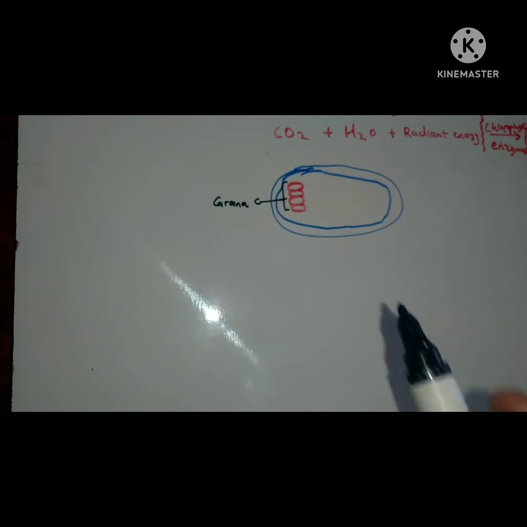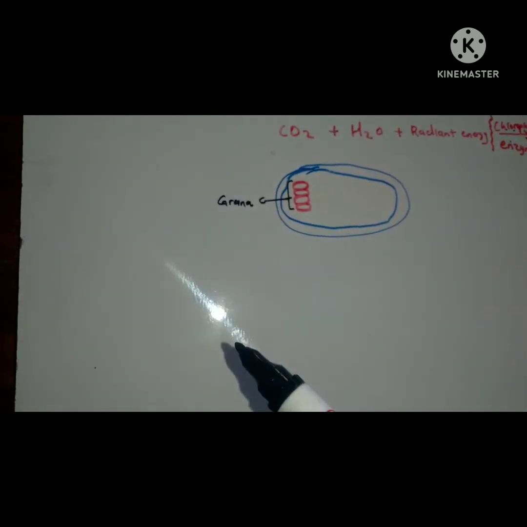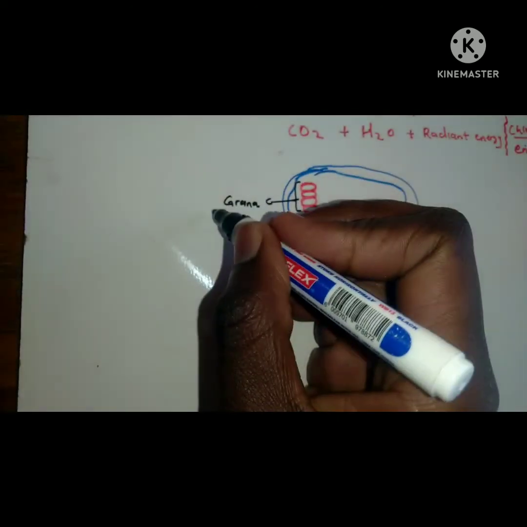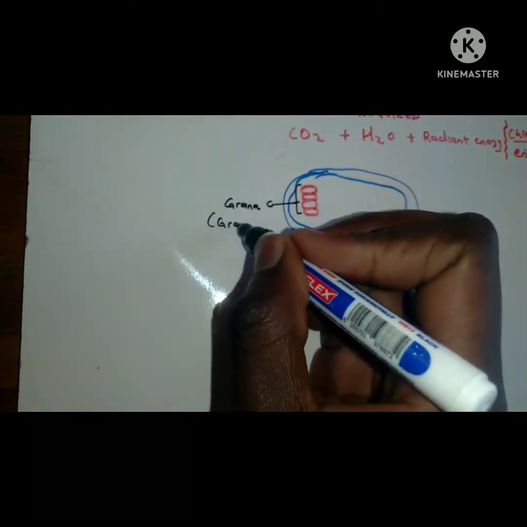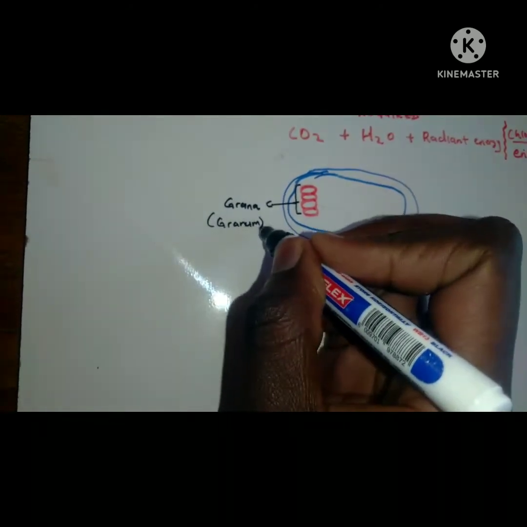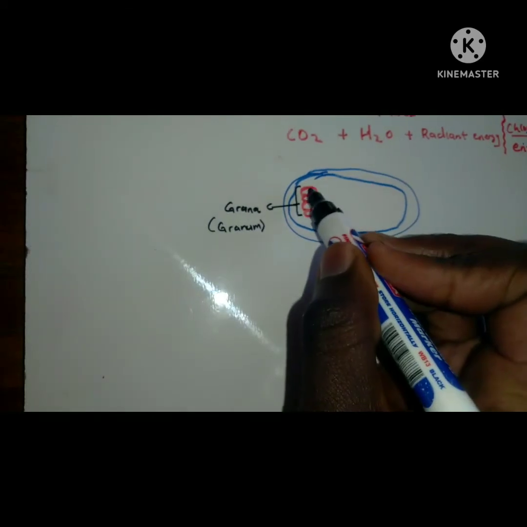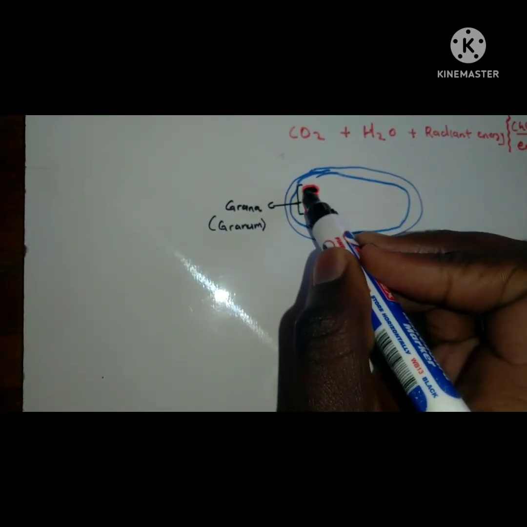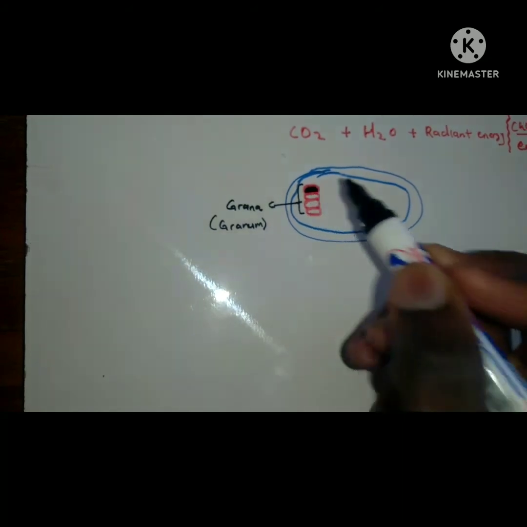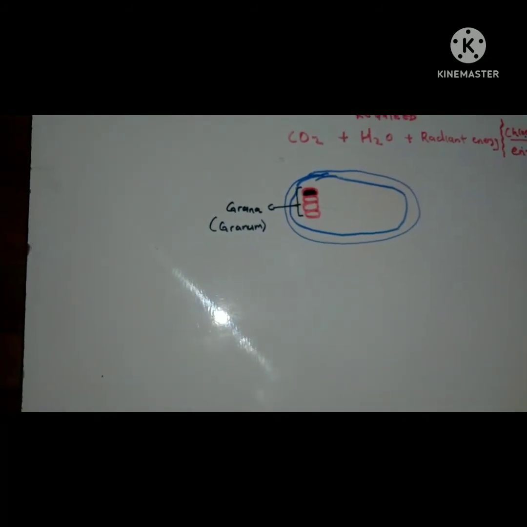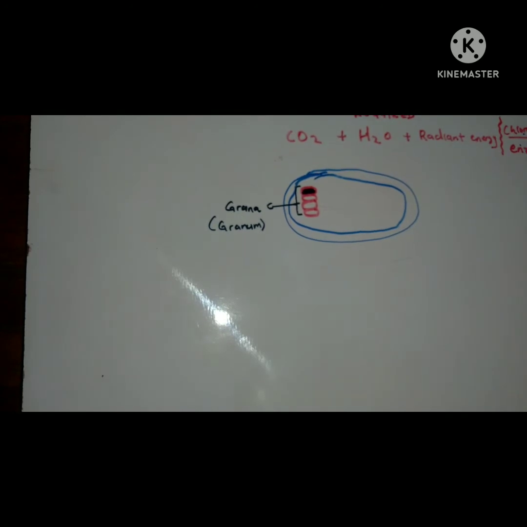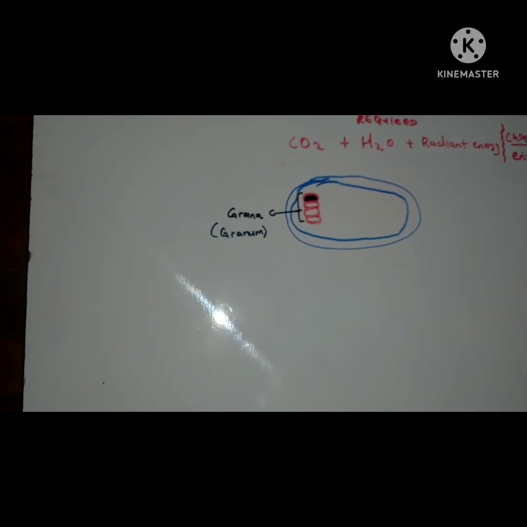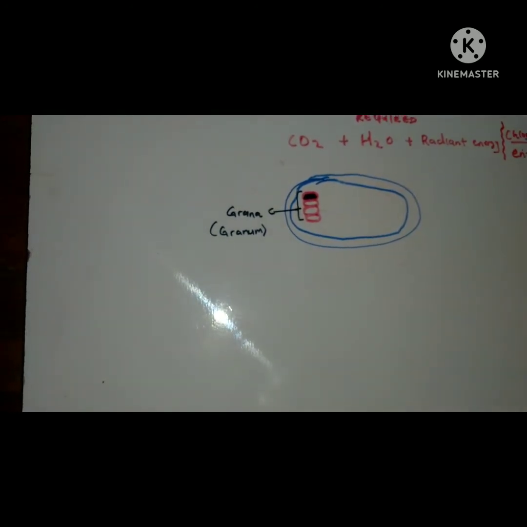Why did we say that it's grana? It's because it's a plural of granum. So granum is a singular way of saying this item, this portion, this deck is what is a granum if it's singular. So we'll explore what the grana do in photosynthesis.